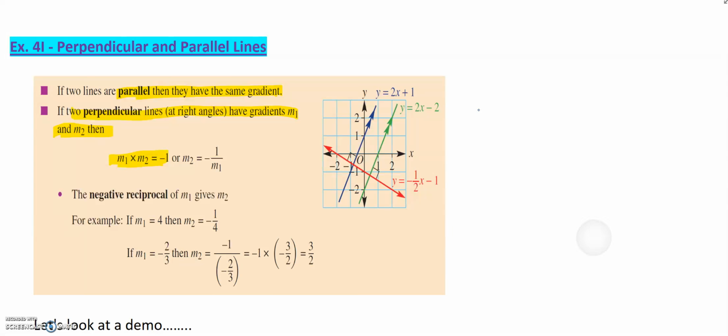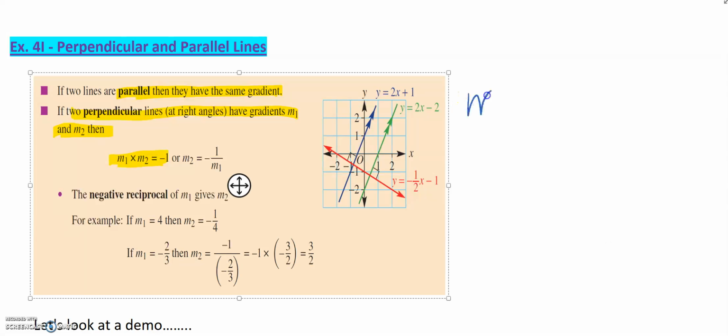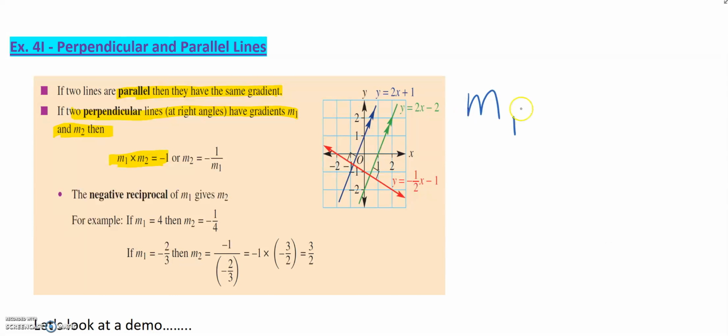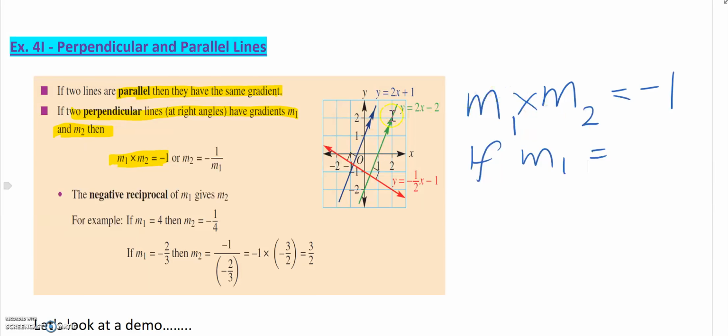So just to rewrite that, the gradient of the first line, line 1, M1, multiplied by the gradient of the second line, M2, gives us -1. So say, for example, look at the example over here. If you look at the green line, let's say this is the first line, and the gradient is equal to 2.